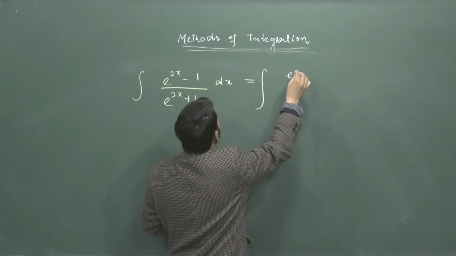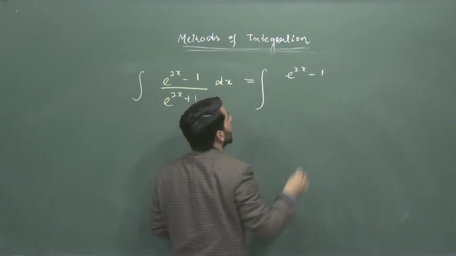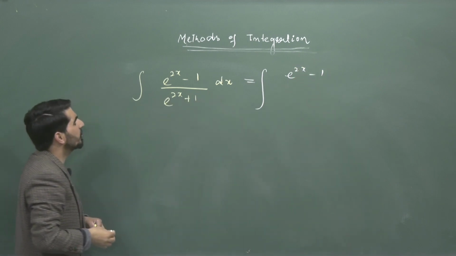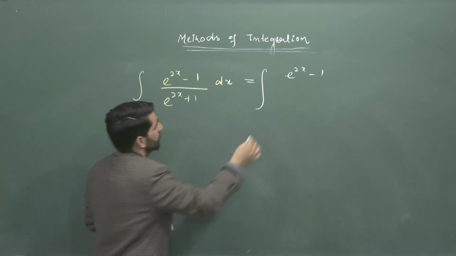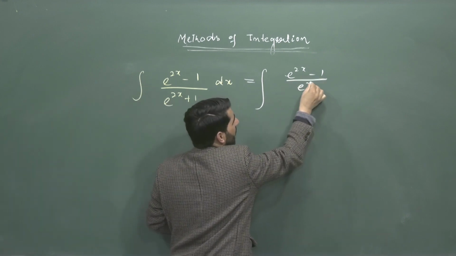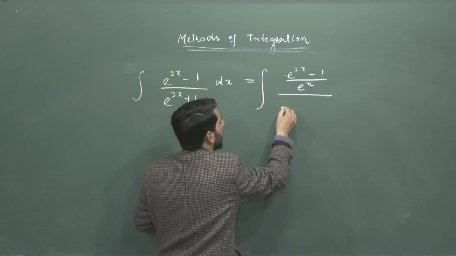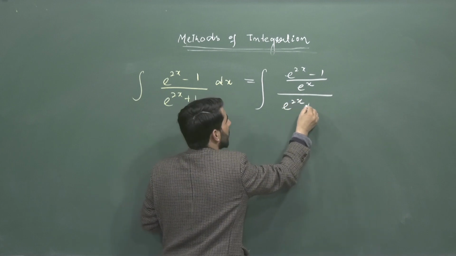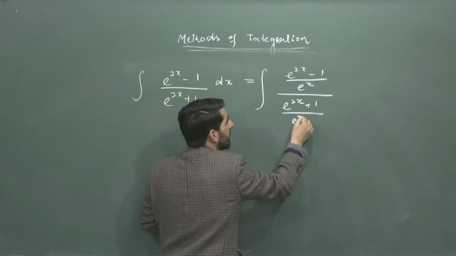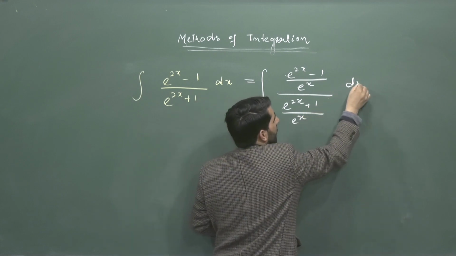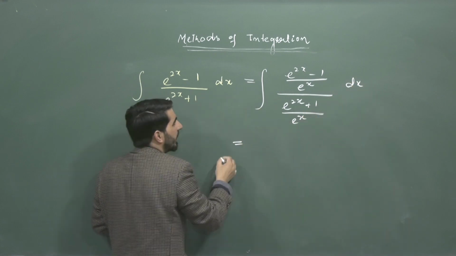So (e^{2x} - 1), dividing throughout by e^x, divided by (e^{2x} + 1) divided by e^x. What will we get?